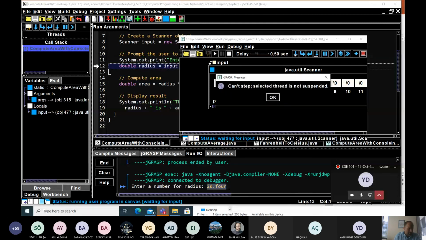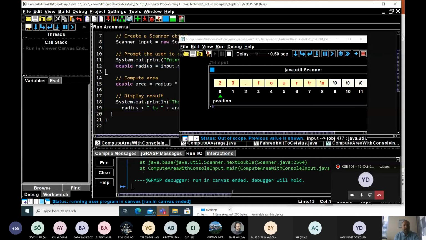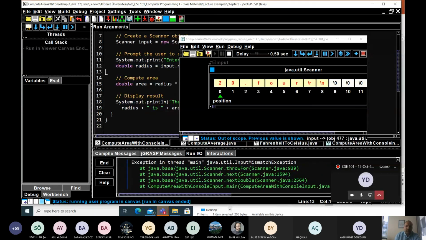And then, oh wait, let me hit enter. Okay, it's going to give me the same problem. And the reason why is it's going to try to read until it gets to a new line. It's going to try to read characters and convert all of this into a decimal number. Okay? And it's not going to be able to, because this is not something that can be converted into a number.